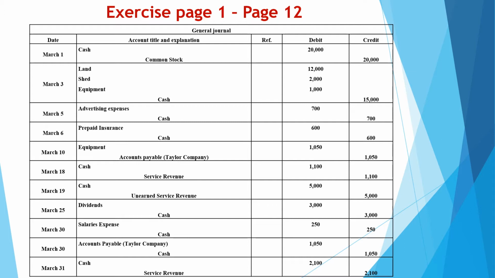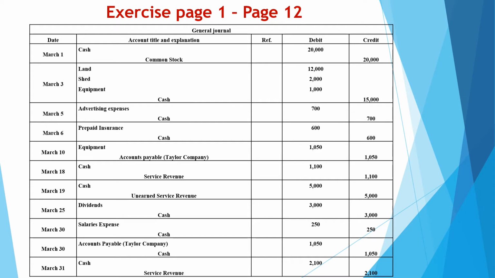For credit now, we are purchasing this equipment on account. So when we purchase an asset on account, we use accounts payable. The accounts payable, as previously explained, is the account of our suppliers.